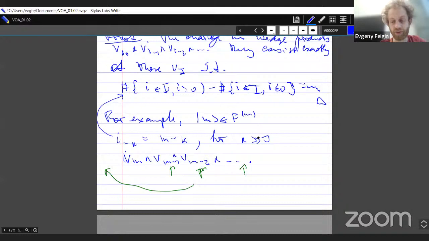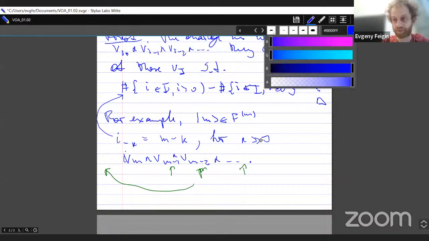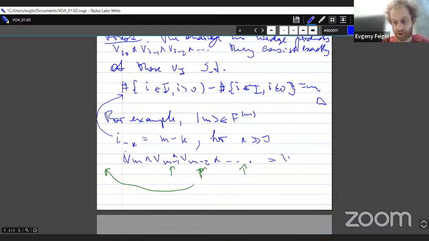We take the vacuum vector v_m, and then we move several places to the left. Then clearly this is compatible with the second definition, and then we can see what happens with the first definition.